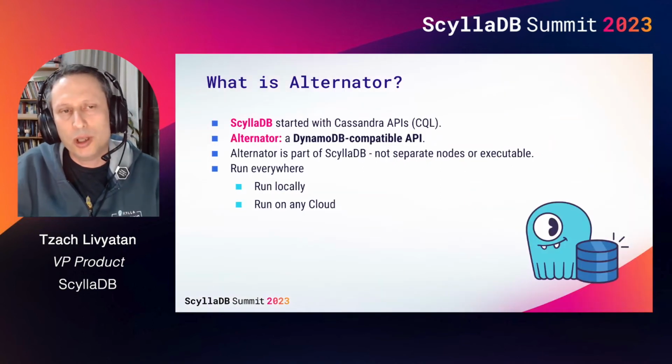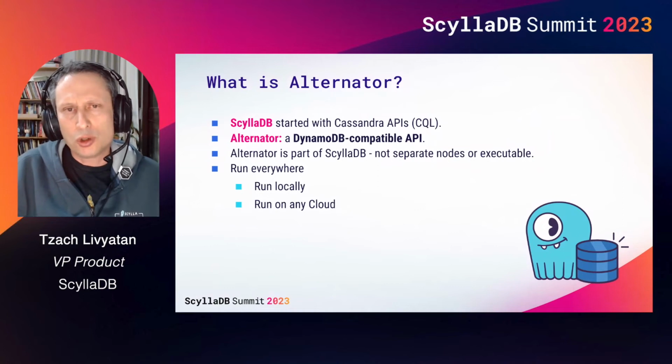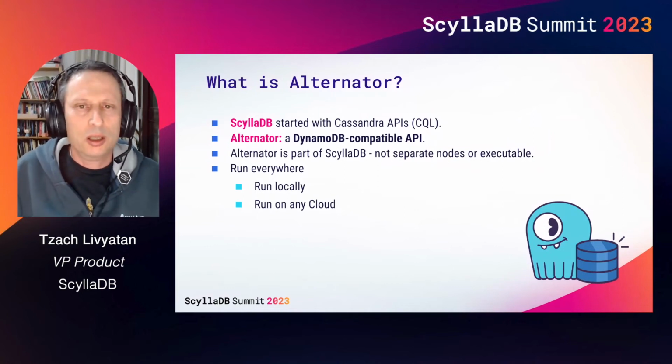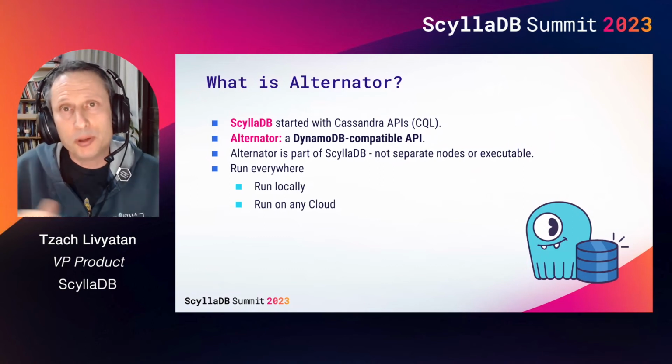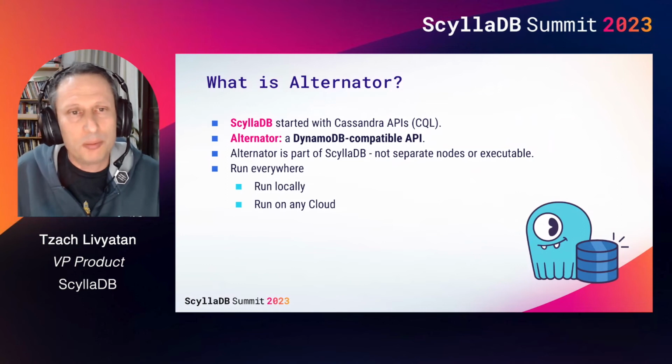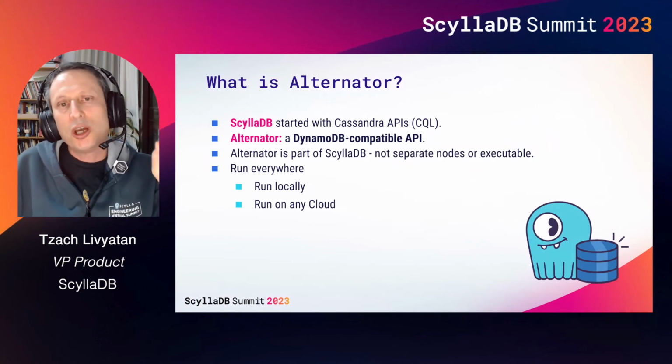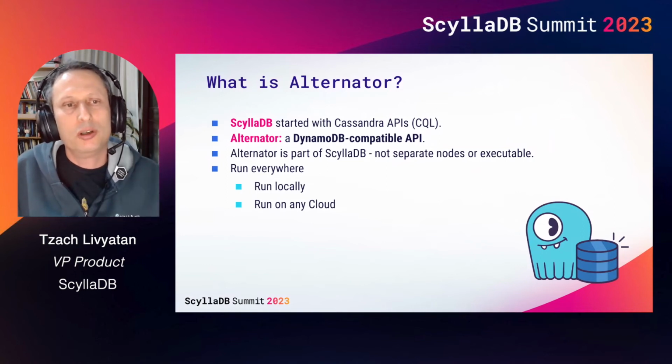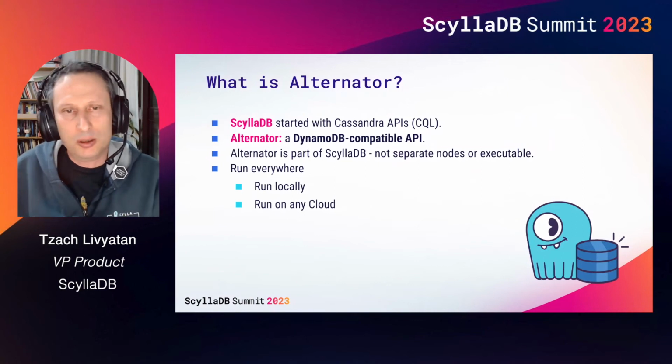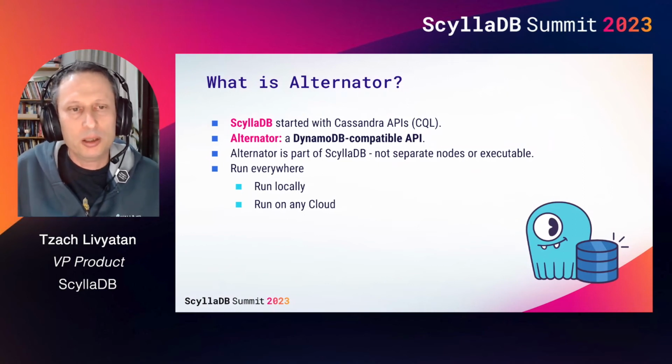Why use Alternator? Let's say that you're using DynamoDB and you want to switch to Scylla. You can, in theory, update your application and start using the CQL driver and work with Scylla, but it's easier for you to just change the IP in your application and work with the DynamoDB-compatible API.